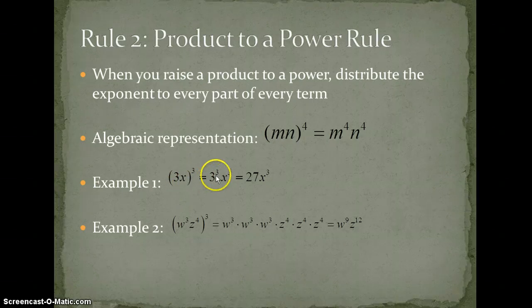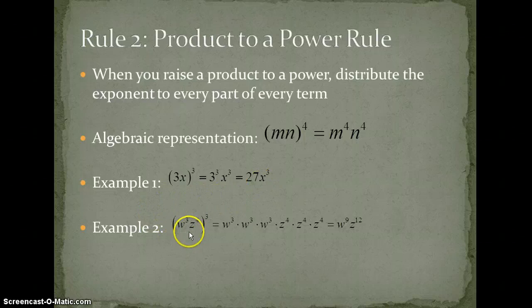So it's 3 to the third times x to the third also. 3 to the third power is 3 times 3 times 3. So 3 times 3 is 9 times 1 more 3 is 27 right here. And x to the third is as far as it can go.